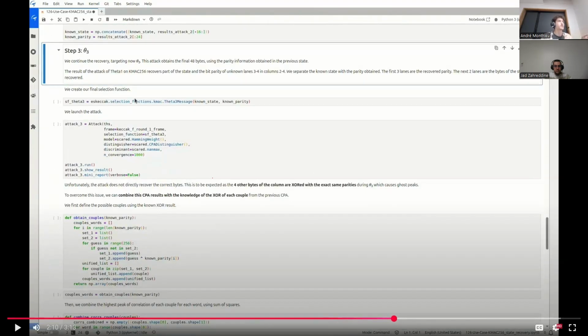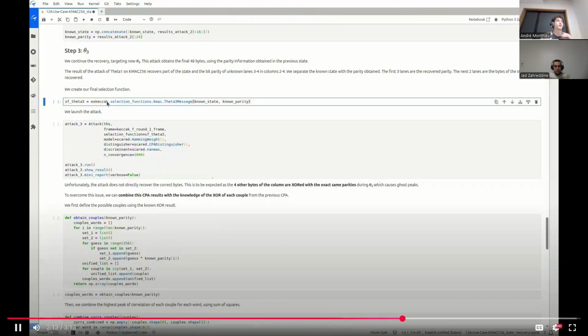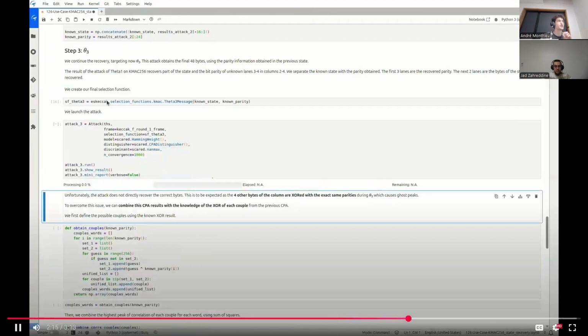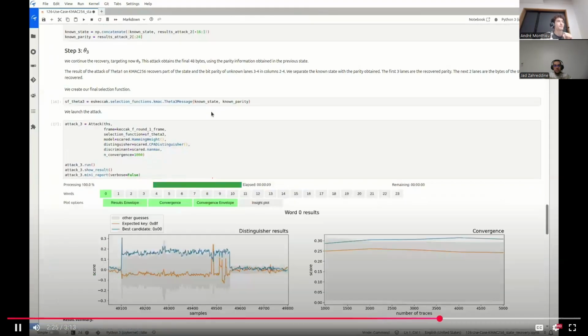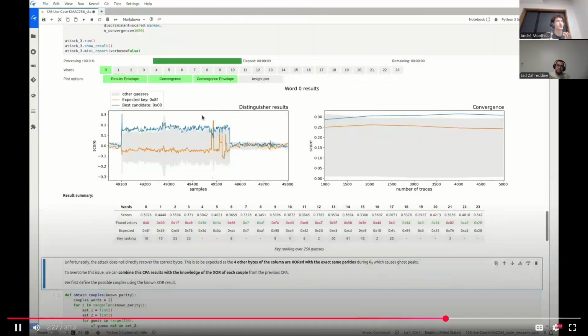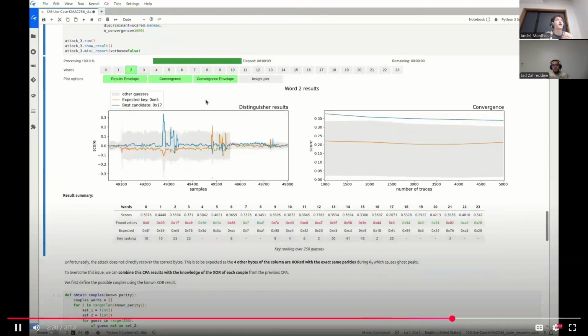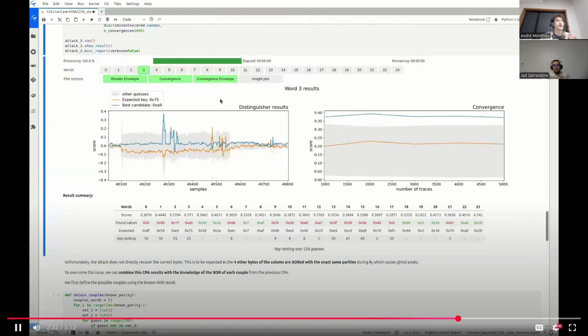Same thing: selection function, attack object, run the attack. Once again, you have to wait for the results to show up. And as you can see, the attack unfortunately does not work. This is to be expected because theta 3 XORs every bit of the column with the same parities.